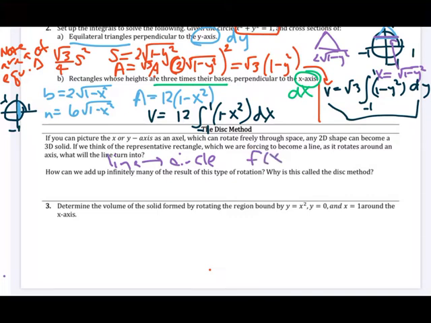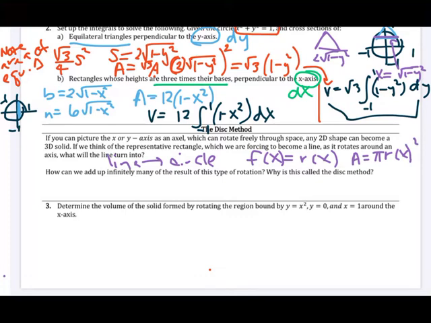Our function is now going to be in terms of the radius. Our actual function is creating the radius of a circle as it's rotating around whatever axis we're rotating about, which means that our area when we use this method is going to be pi times the radius squared, or pi times the function squared.